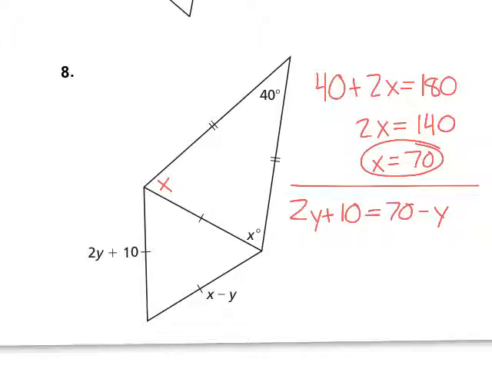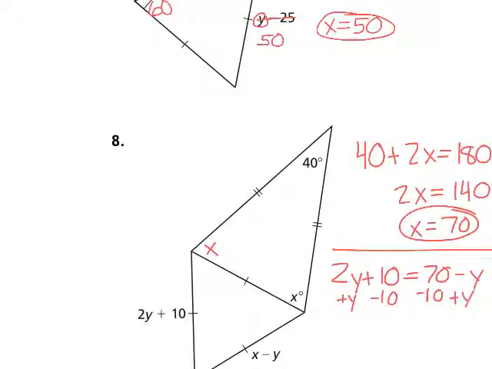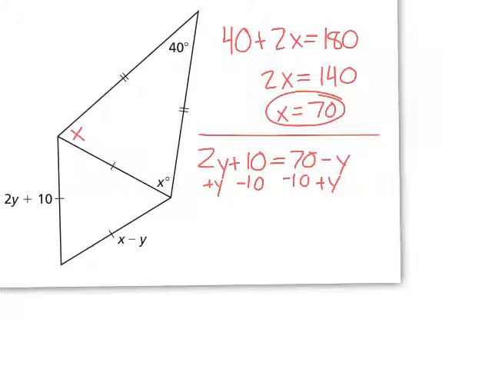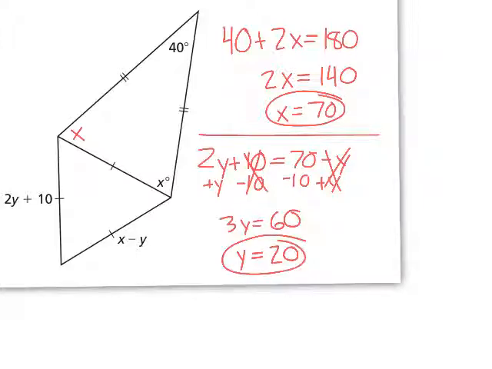So I add y over to this side. I subtract 10 over to the right side. Whoa, what happened? So that's gone, I'm left with 3y equals 60. Divide by 3 and y is 20. Okay?